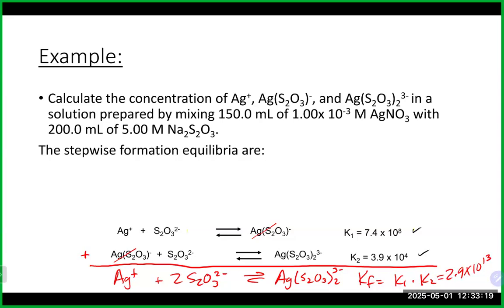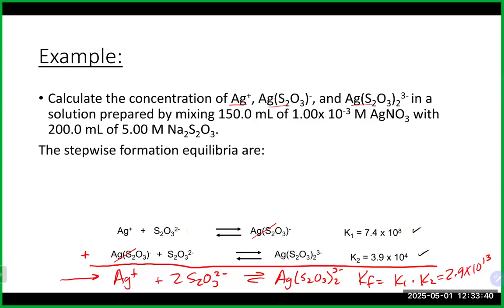In this particular case, we may want to focus on the overall reaction, as it can allow us to calculate a number of these, since we do want to figure out everybody's concentration along the way. We could focus on the overall reaction that's going to happen when everybody mixes together.